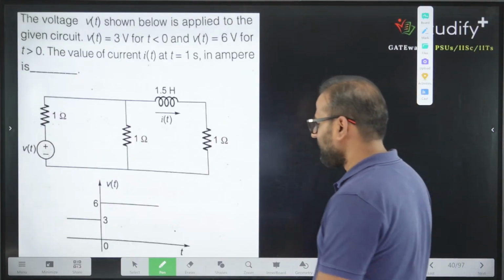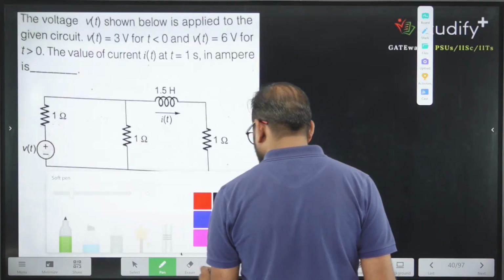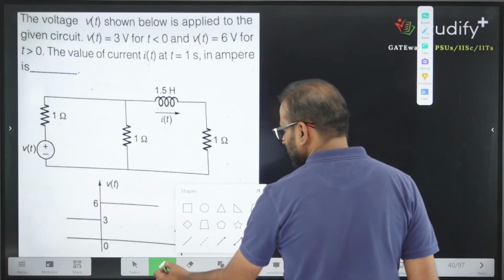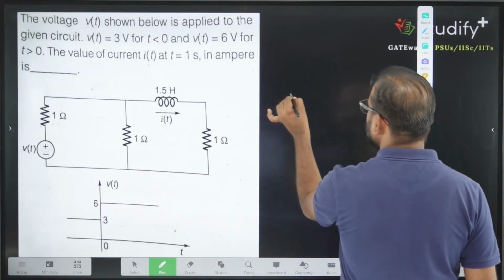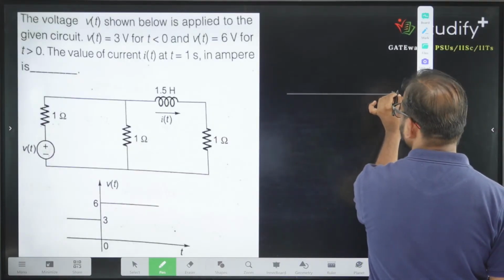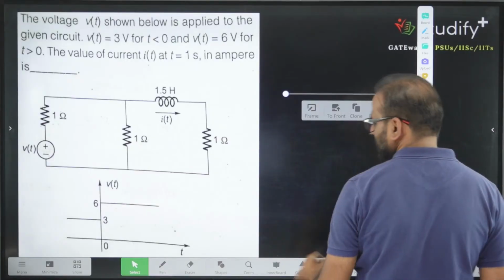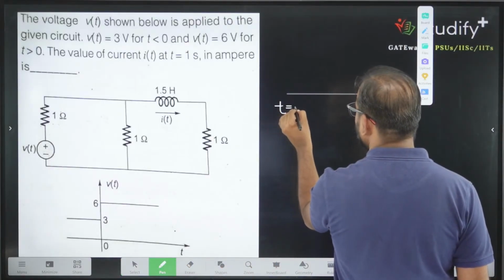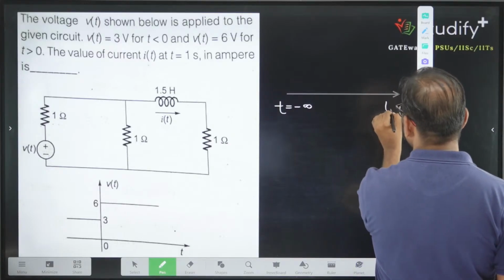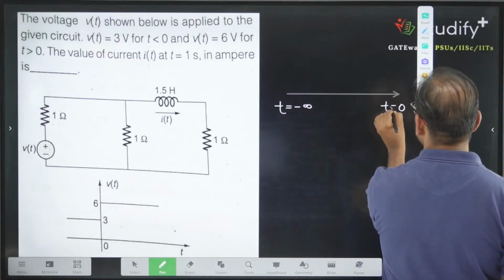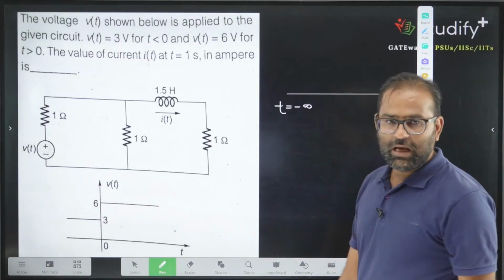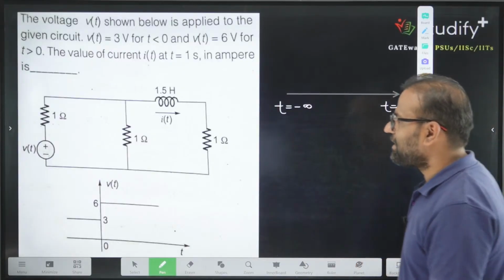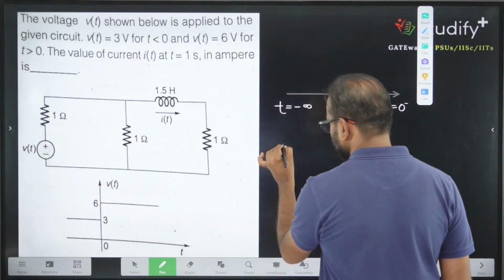So can I say for t less than 0 the circuit will provide the initial condition, because every position of the switch is a stable position. If every position of the switch is a stable position, the circuit has started from t equal to minus infinity. So t equal to 0 minus is one steady state point. And how will the circuit behave in steady state? So you have 3 volt here.